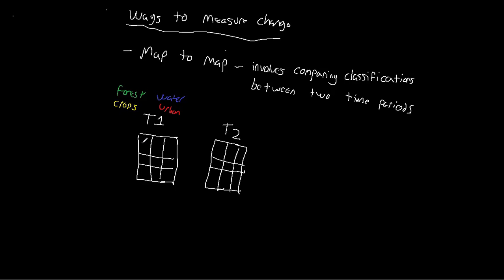So you might imagine we've got some forest up here, got some water, maybe some crops in some places, and then we've got some urban areas as well. So at time one, our classification looks something like this. So you might imagine in time two, maybe we've got something like this.